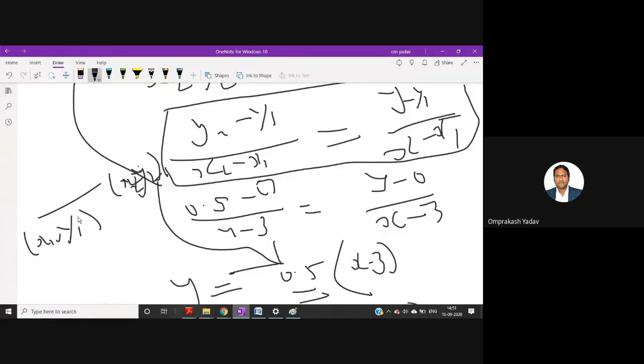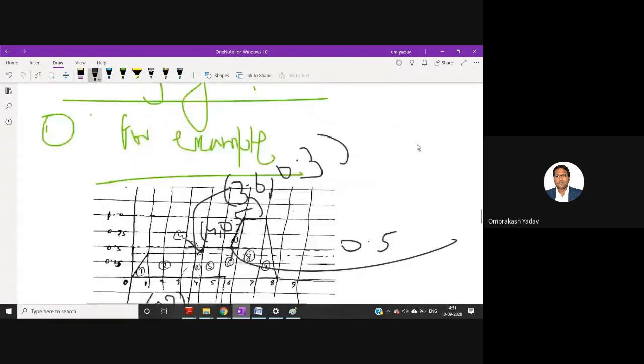Clear? And another method which I taught you is the increasing line and decreasing line. By using that method also you can find out. For example, let's say this point is 5 and it's going till here. This is 1, and downward side it's 6 over here.